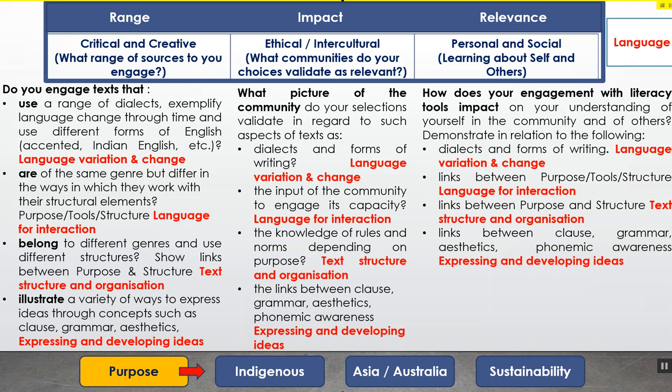How does your engagement with literacy tools impact on your understanding of yourself, the community and others? Okay, so I'm learning how to cook, and I'm reading recipes with my child so that he or she learns to cook from recipes.